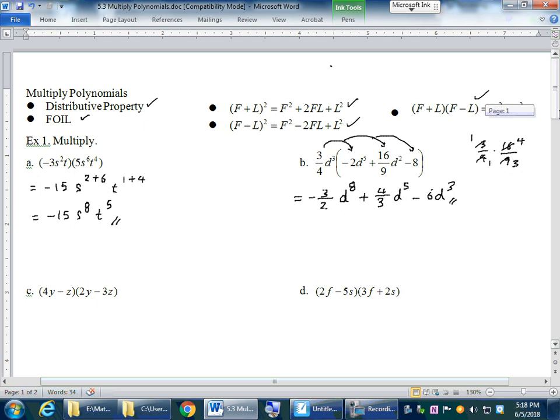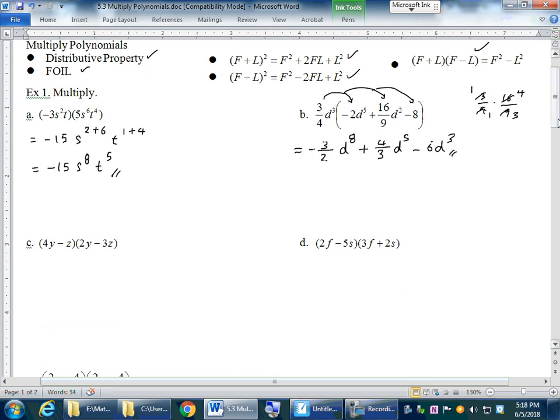And the next example is basically 2 terms times 2 terms, a binomial times a binomial. And I cannot use any of these three formulas because they are not identical. So I'm going to use the foiling method.